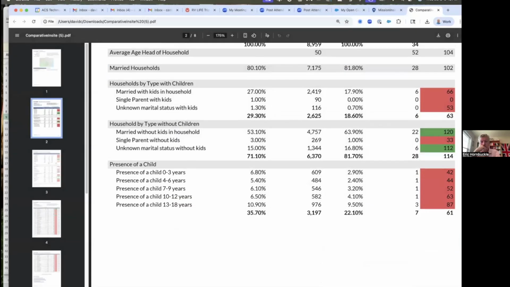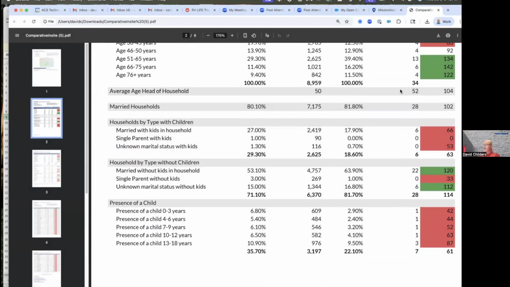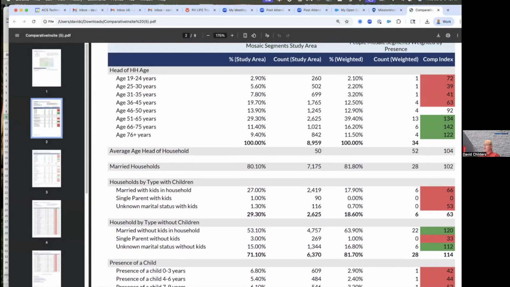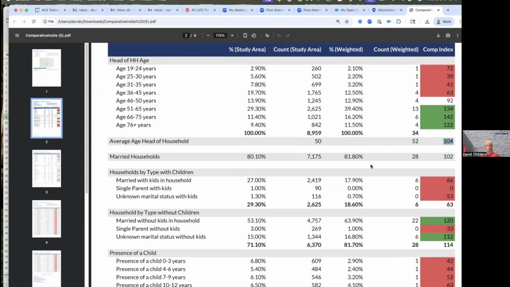Yes. Average age of household, count weighted by average age of household. It's giving me the knowledge that we're very similar to this community, 50 to 52 as far as age. Still over 100. It doesn't show green, so it's not a huge one.